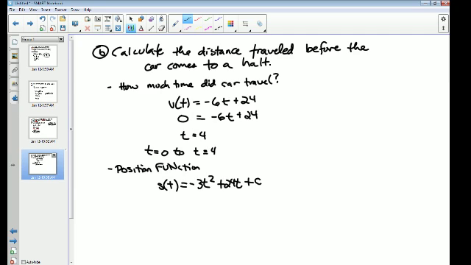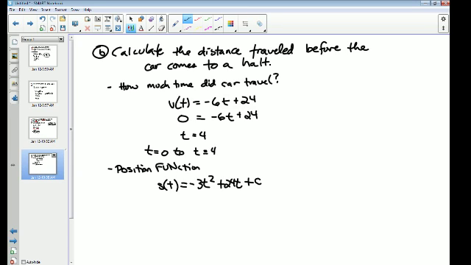How do I get rid of that? I know at time 0, what's my position going to be? We can assume it's 0. It'll make it a lot easier to calculate time forward. So if you plug 0 in here, what's the constant going to be? Yeah, we can assume the constant is 0.